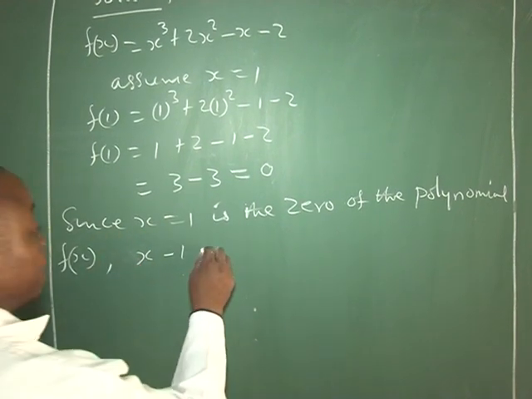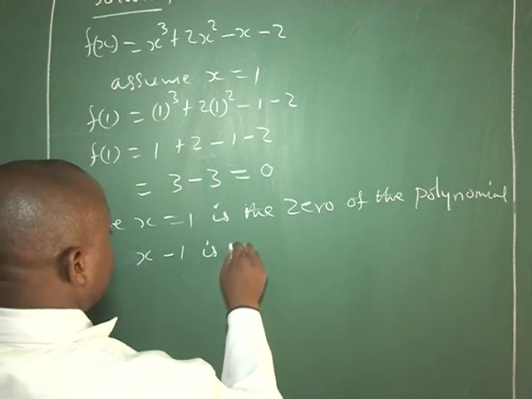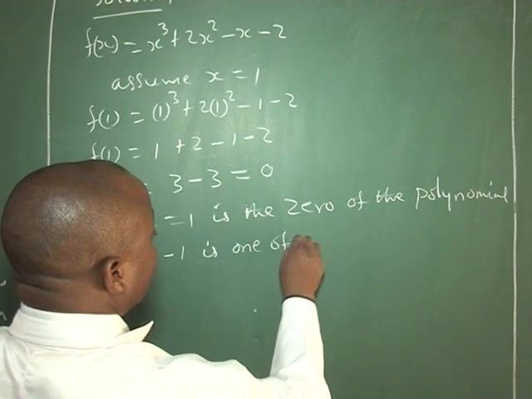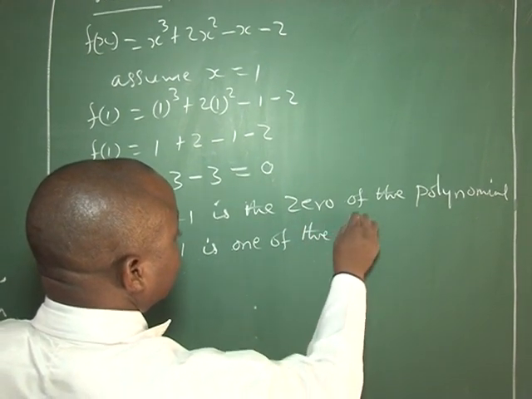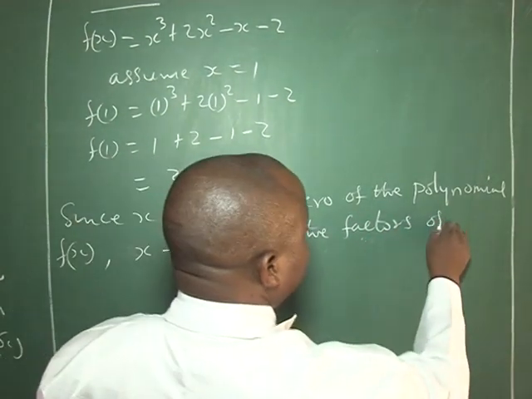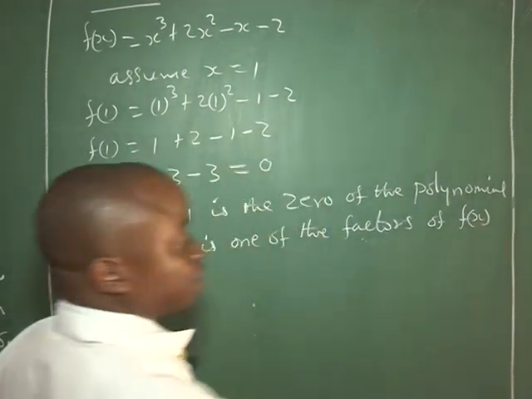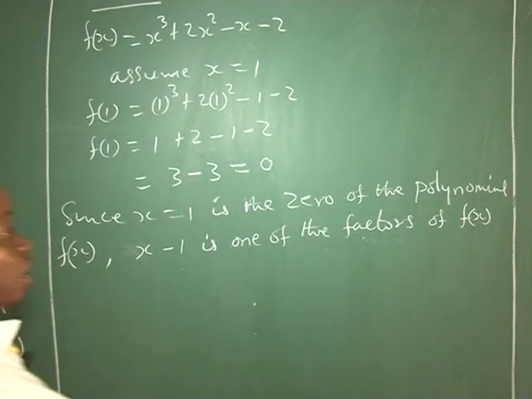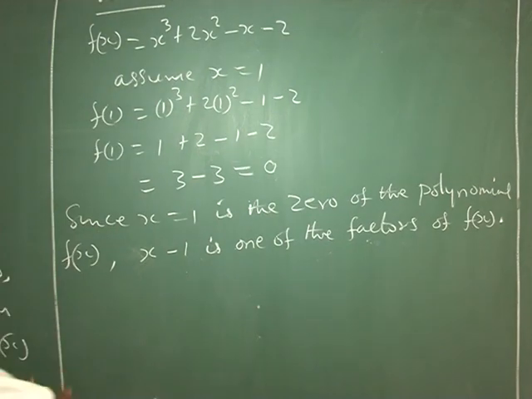So x minus 1 is one of the factors of f of x. That's what it means. So by the long division method, I can get other factors.